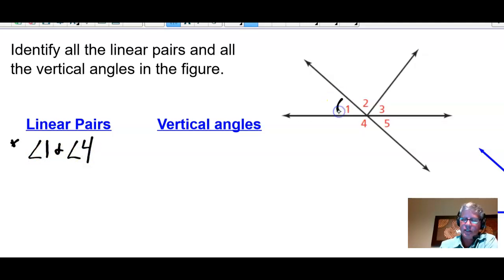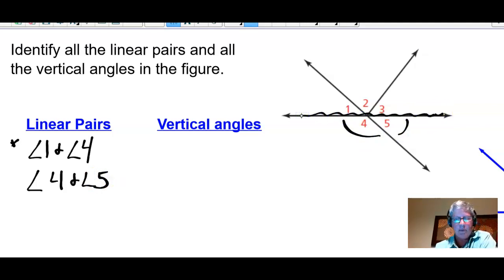So if I take this and this, do you see how that forms a straight line? Awesome. Okay, what about angle 4 and angle 5? That plus that also forms a straight line. So that'd be a linear pair, and we know that they add up to 180.